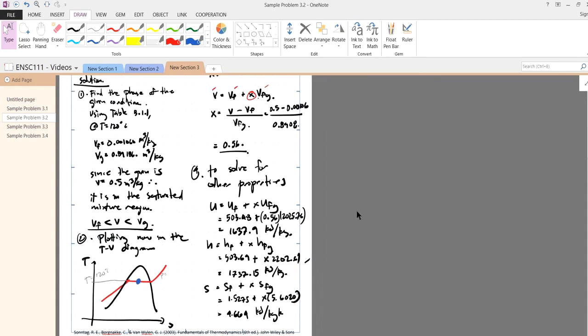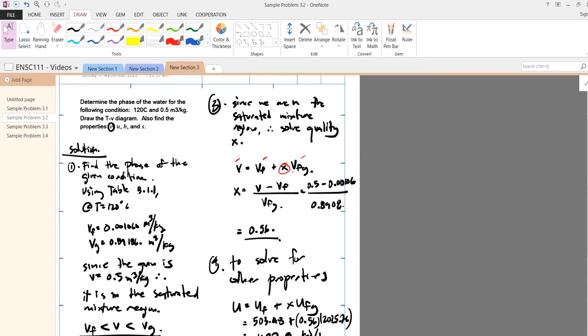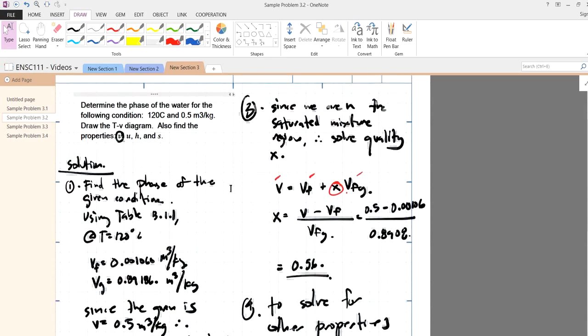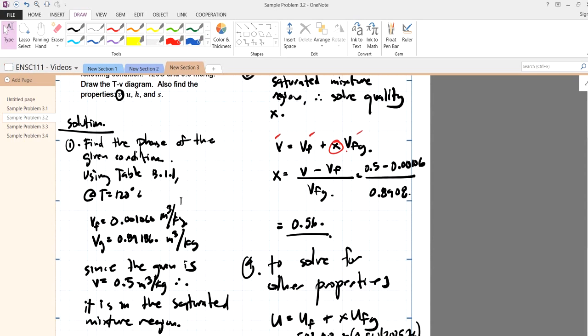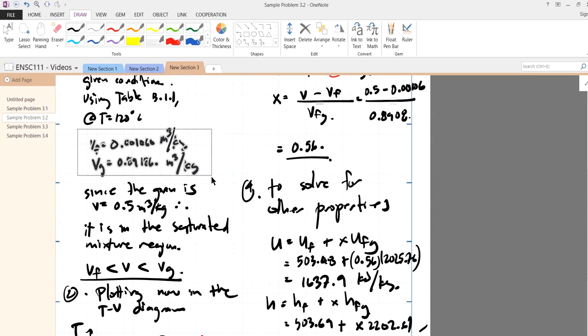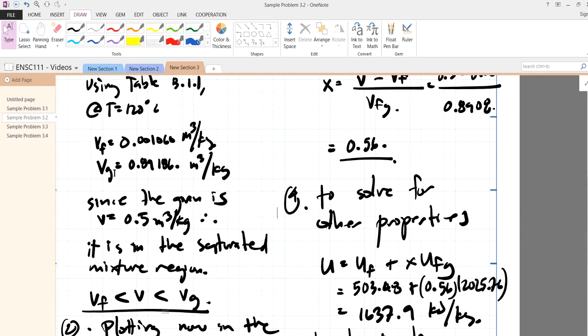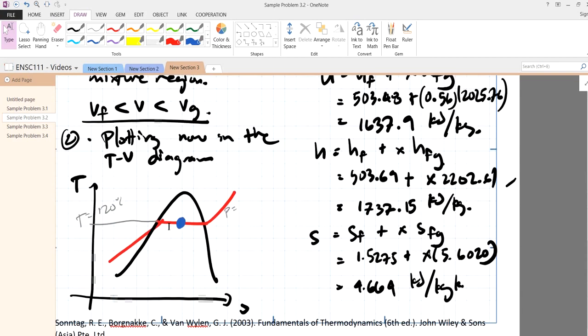We can also check the specific volume. Anyway, it's a lengthy computation, but actually the process is repetitive. You just have to make sure which region the condition falls into. Just to recap: first we checked the phase using the table, comparing the ranges of the saturated liquid and vapor regions for the specific volume, and found that our phase is inside the saturated mixture.